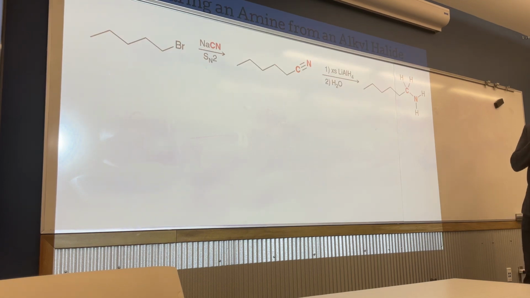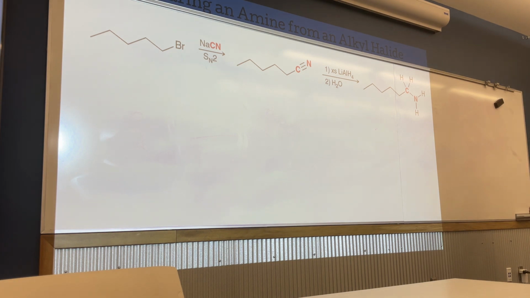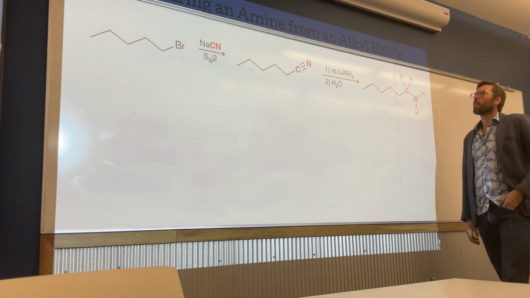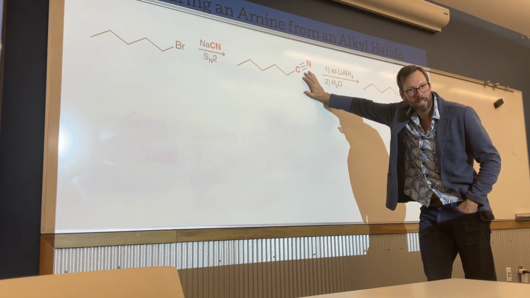All right. So now, how do we make these? There are a couple different ways, and we're doing well. So, one is that we can make this nitrile intermediate, right?